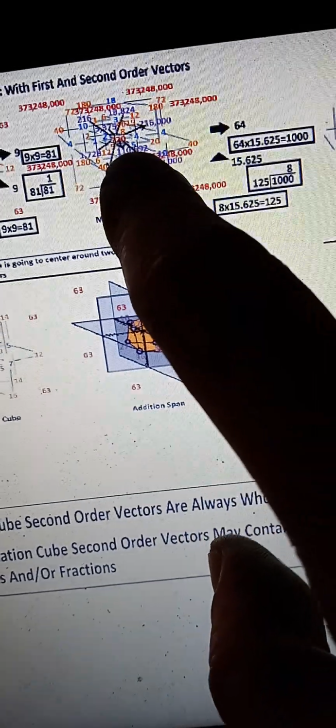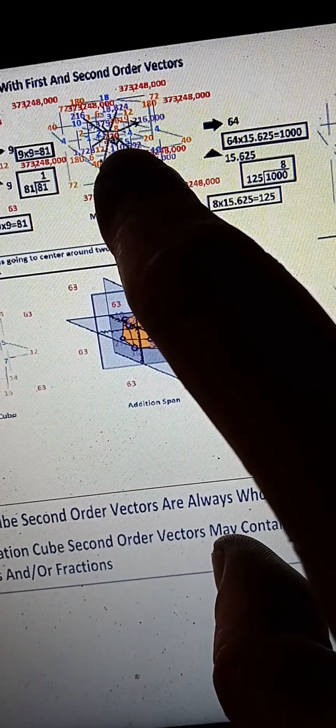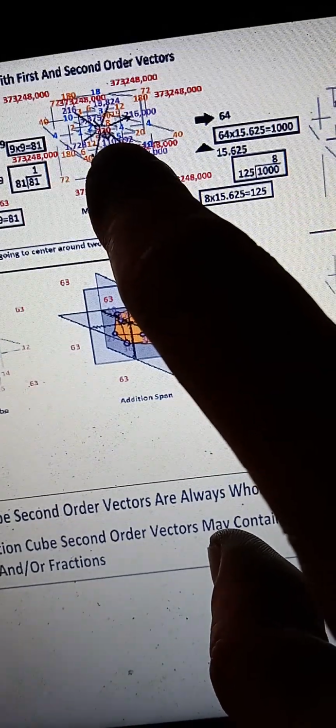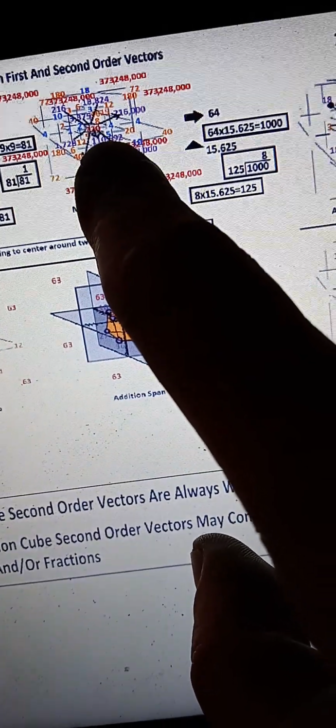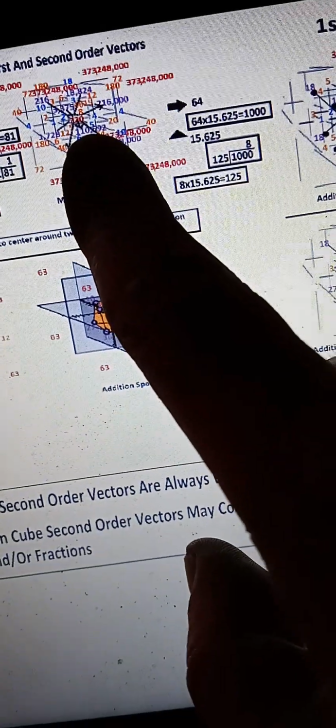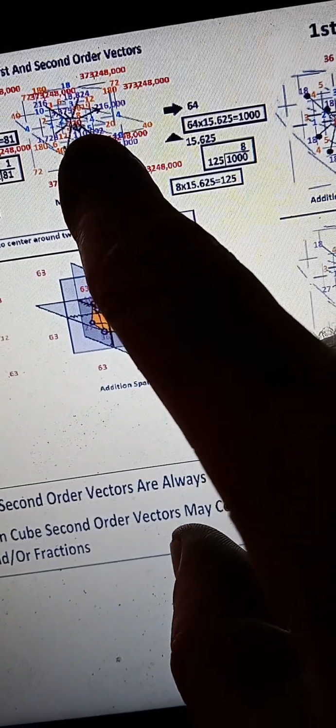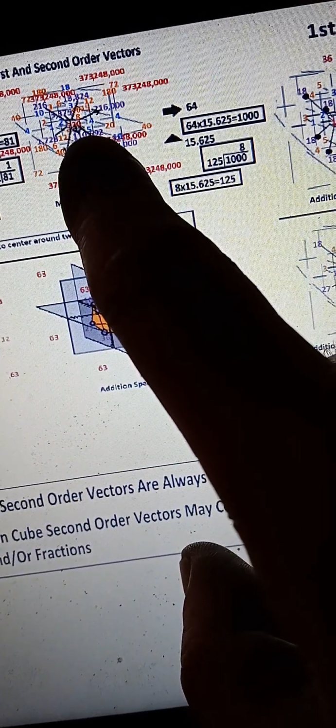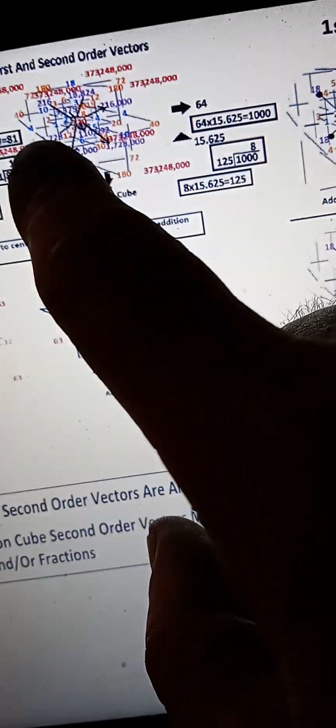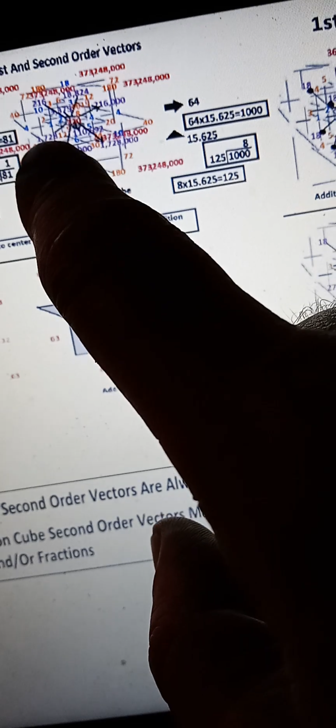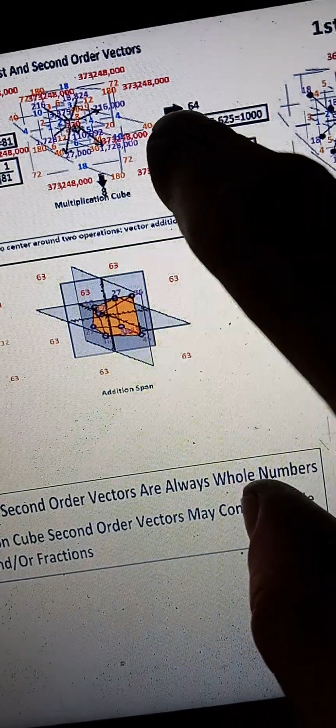Back here, you take 110,000, and I can't see that too well, but I think it's 529 or 629, divided by 1,728, you get 64 again.